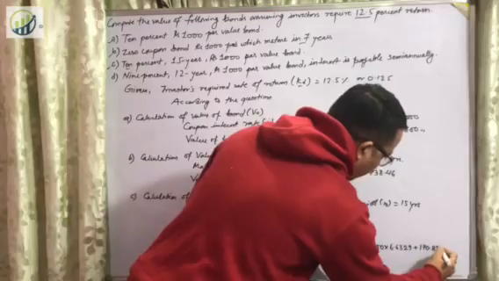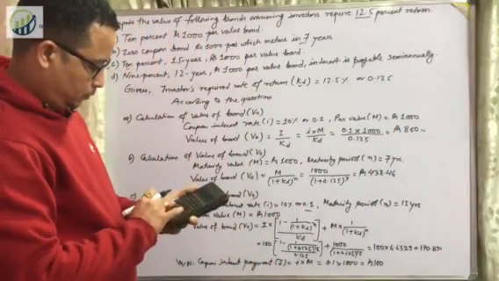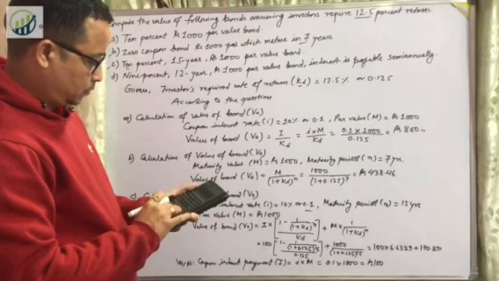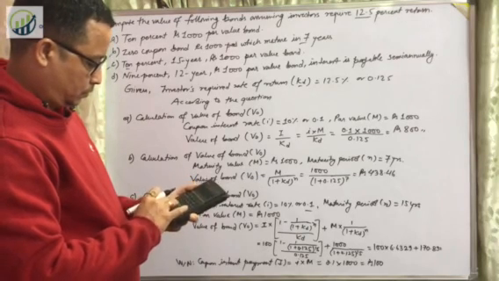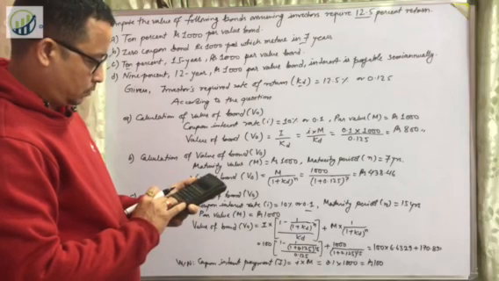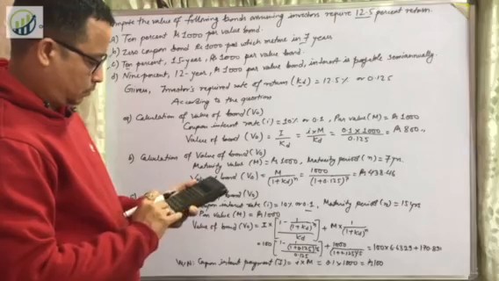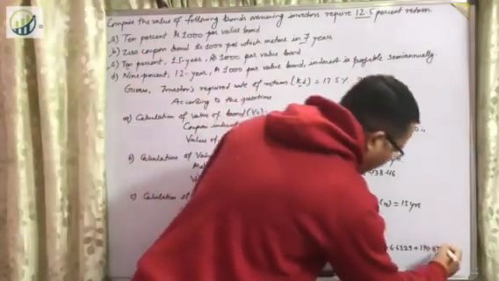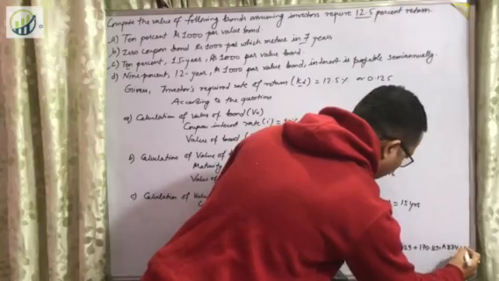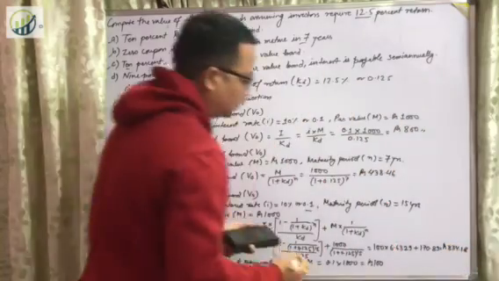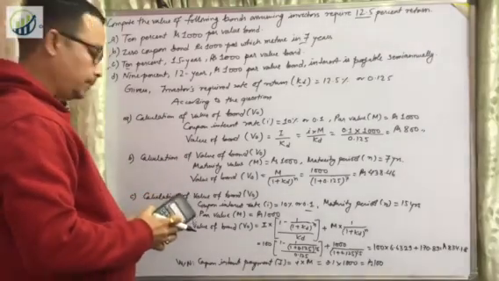So that will be your value, that is rupees 834.18. So this is your value of bond for C.